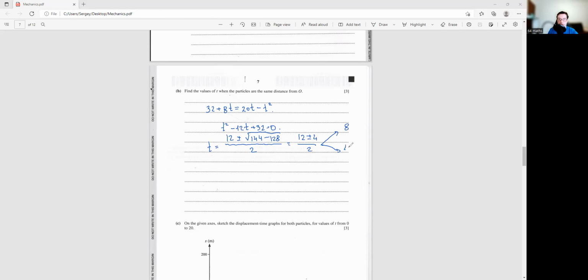And negative would be 4. Okay, good. So the question was to find the values. That means we'll have 2 of them. 4 and 8 seconds. Next question.